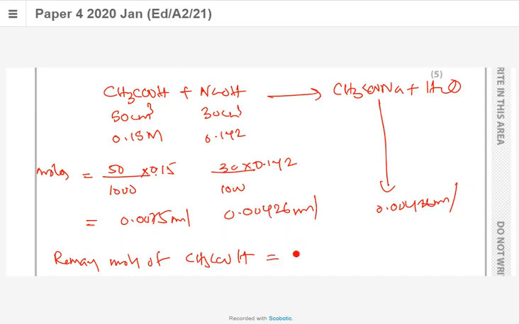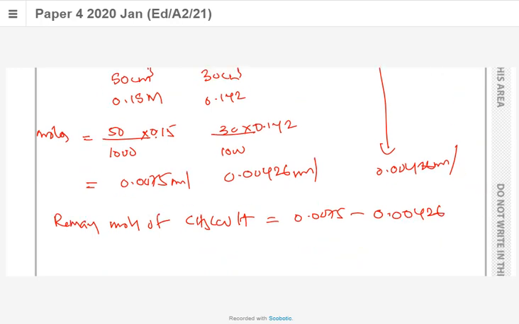Remaining moles of ethanoic acid: 0.0075 is initial, out of which only 0.00426 reacts, because 1:1. So the answer here is 0.00324 moles.